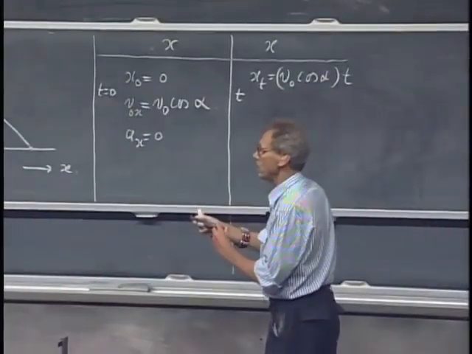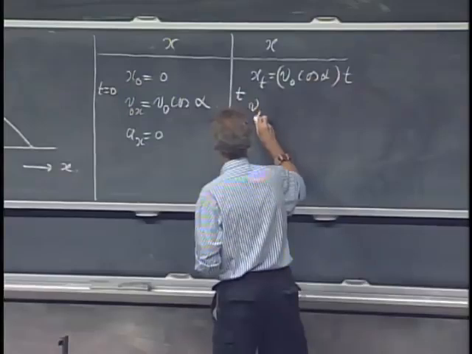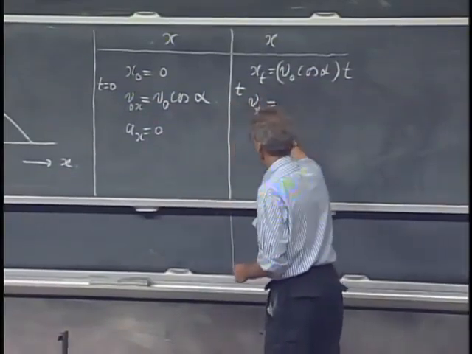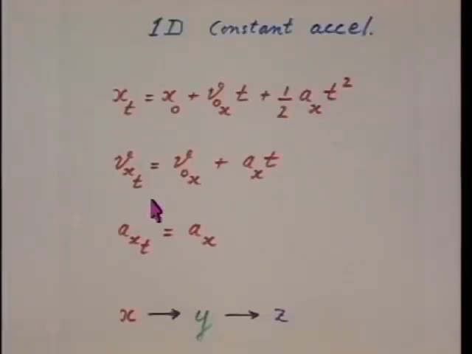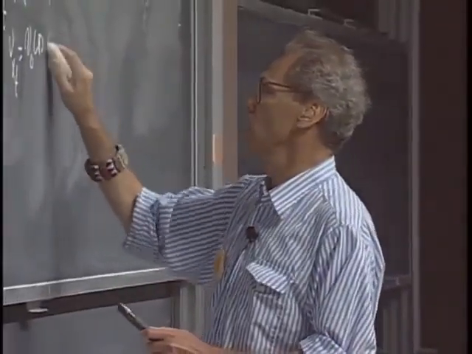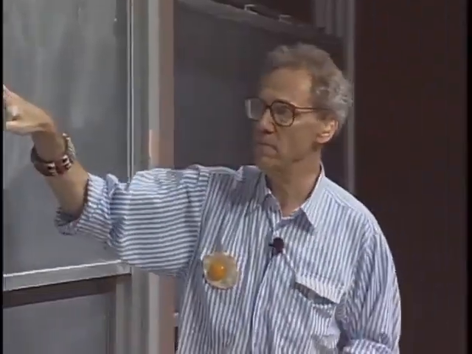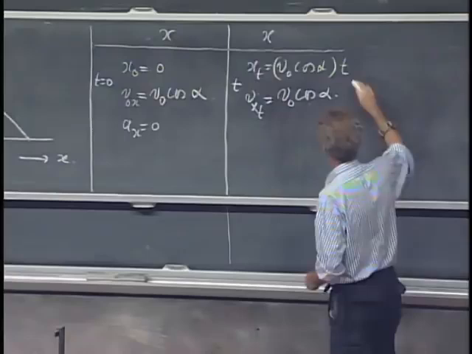But there is no acceleration, so that's it. What is vx of t? The velocity in the x direction at any moment in time. That is that equation. That is simply v0x. It is not changing in time because there is no acceleration. So the initial velocity at t0 is the same as t seconds later. And the acceleration is 0.